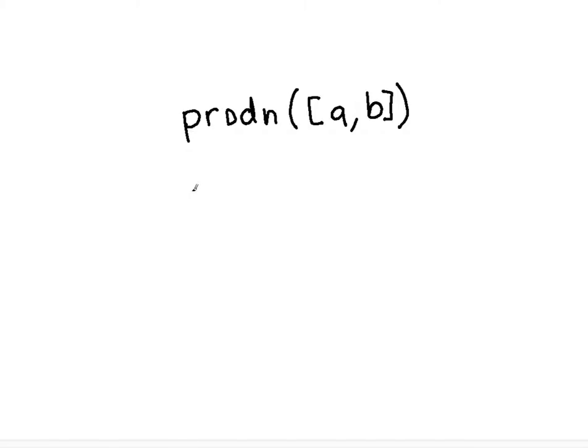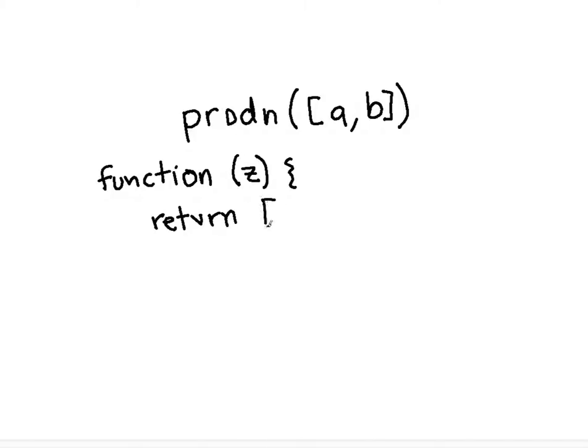And that unique map was function Z return f of z, comma, g of z.